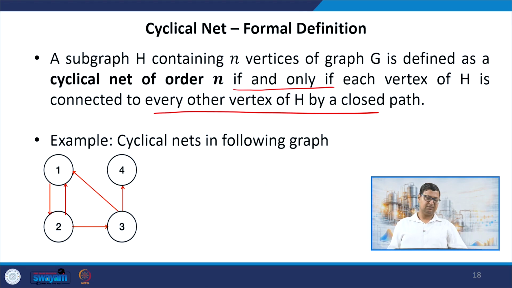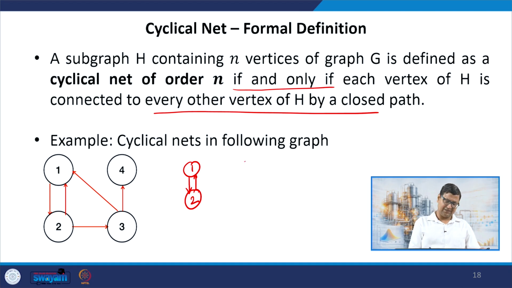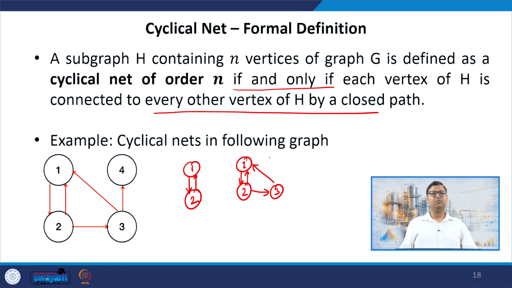So there are many subgraphs which are not forming a closed path, and only a few that are forming a closed path here. In this case, there are basically two cyclical nets, one between 1 and 2. This is one subgraph, that is a cyclical net. The other subgraph is 1, 2, and 3, because they form a closed path.